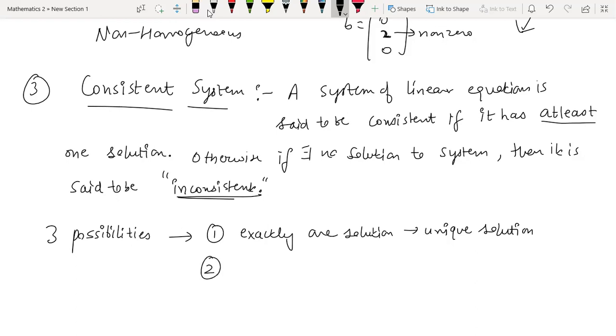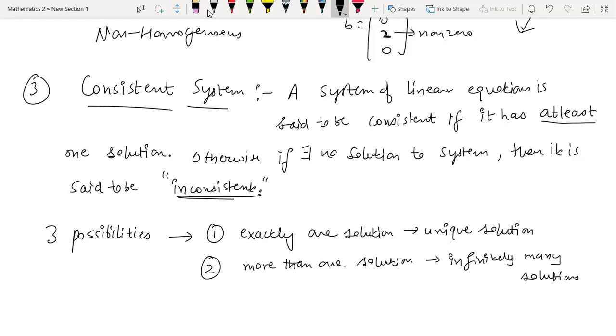The second possibility is there is more than one solution, and in this case you will find, through examples, that actually there will be infinitely many solutions. So this is a very wonderful property of the system of linear equations.